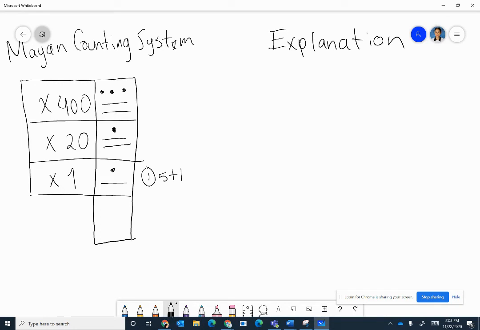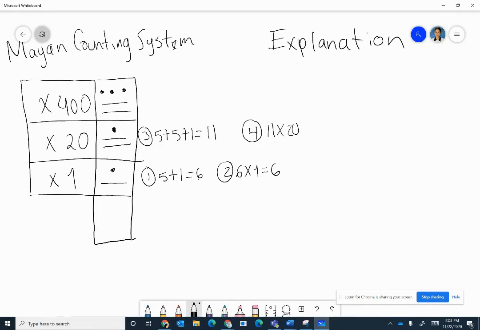So 5 plus 1 equals 6. 6 times 1 equals 6. 5 plus 5 plus 1 equals 11. 11 times 20 equals 220.